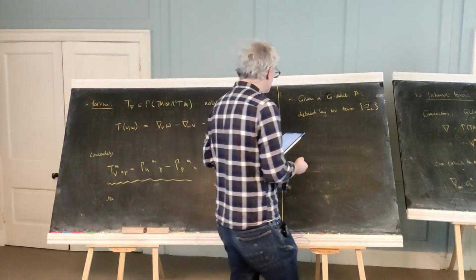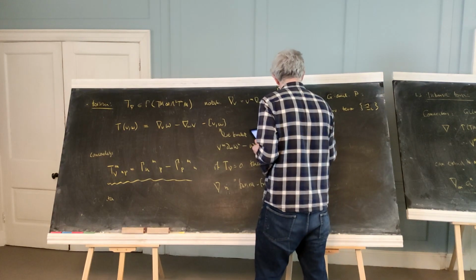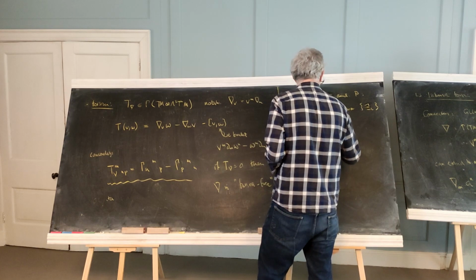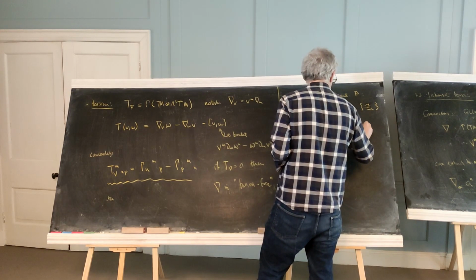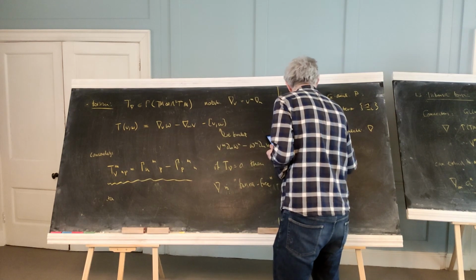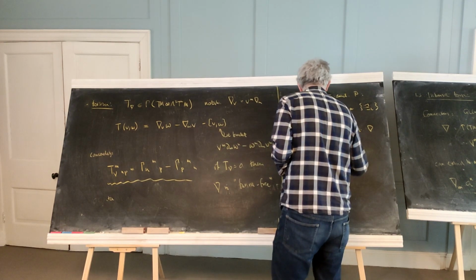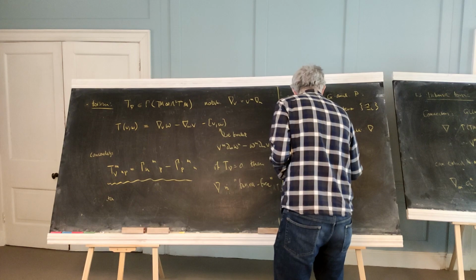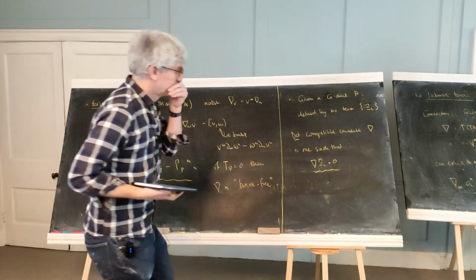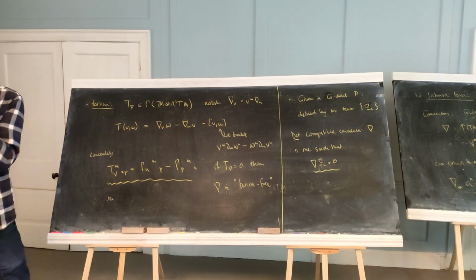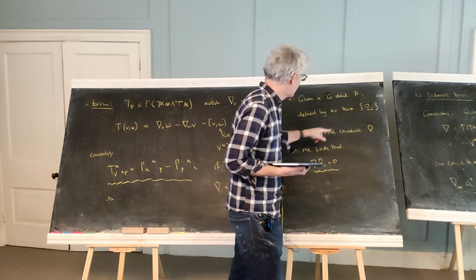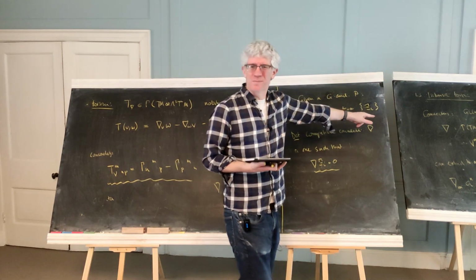Then we can define a compatible connection as one such that the derivative of all the invariant tensors vanishes. So that's a special class of connections such that when I take the derivatives of the invariant tensors, I get 0.